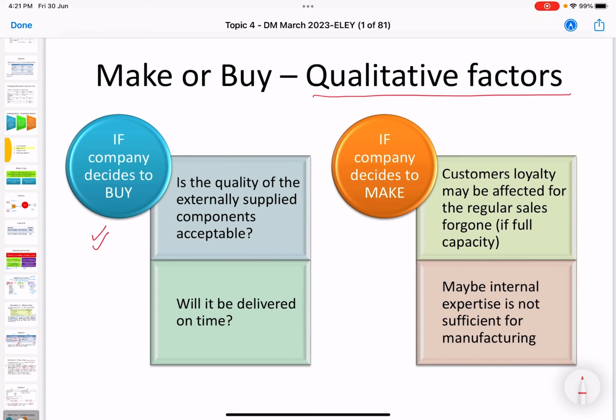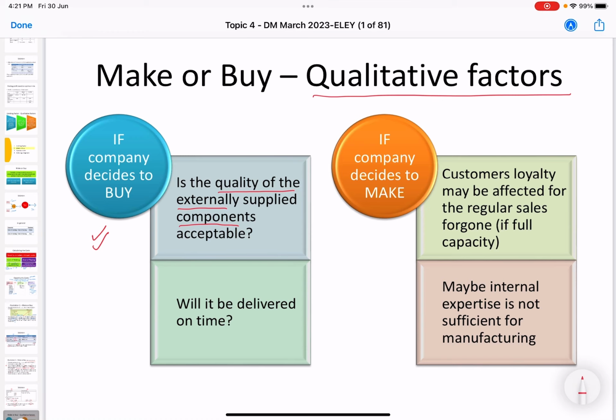For example, you can question the quality of the external component, whether it's acceptable or not. The reason is this: if you make it yourself, you can control the quality. But if you buy it from outside, the quality is not under your control anymore. So is it a good thing? Is it something that you should be worried about? So this is a kind of qualitative factor companies should consider.